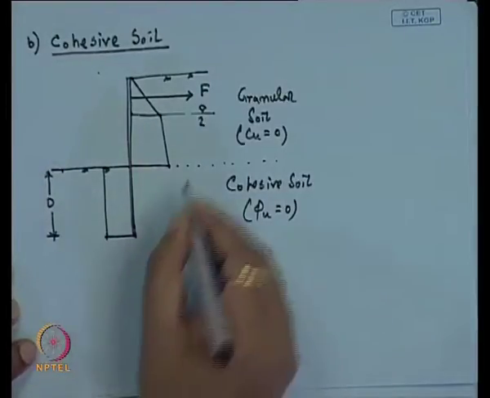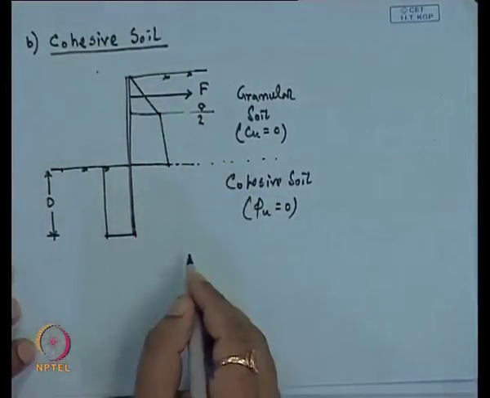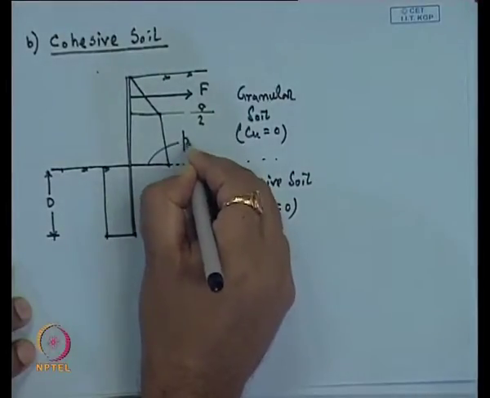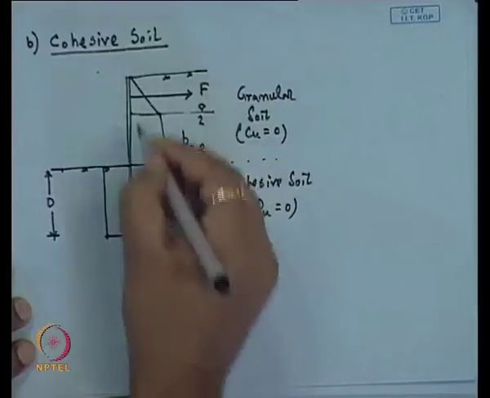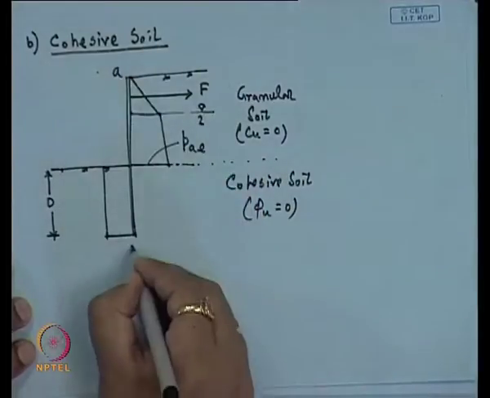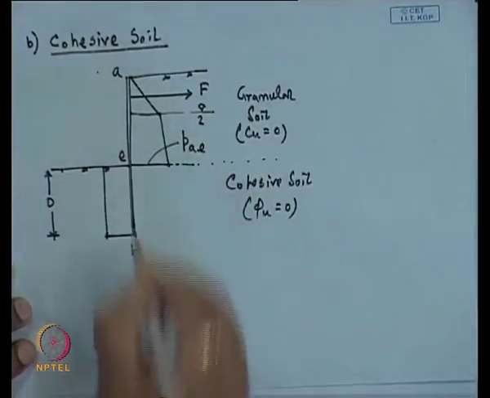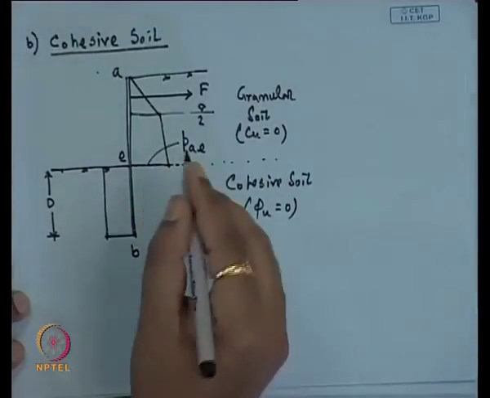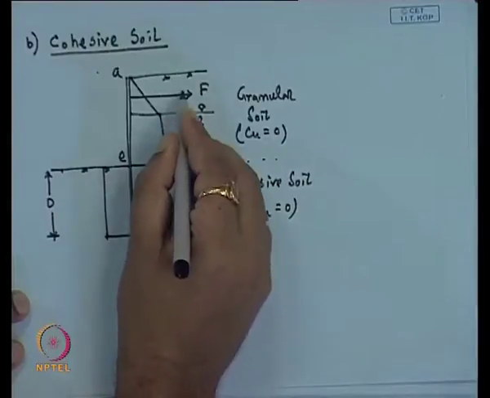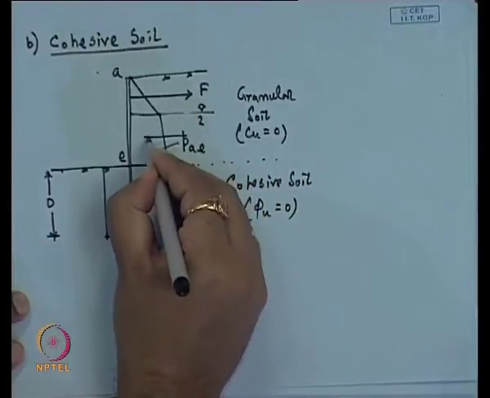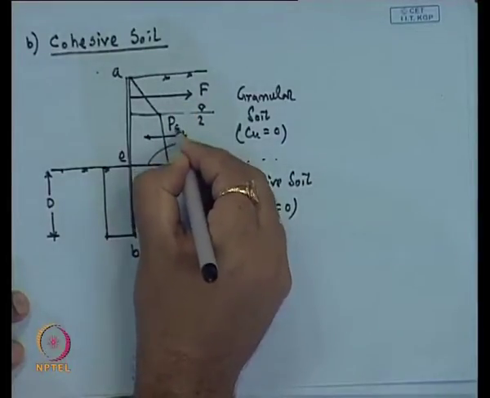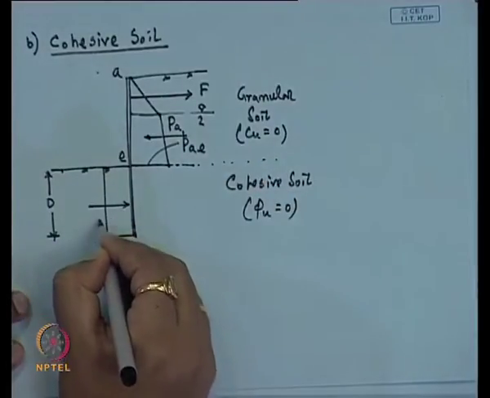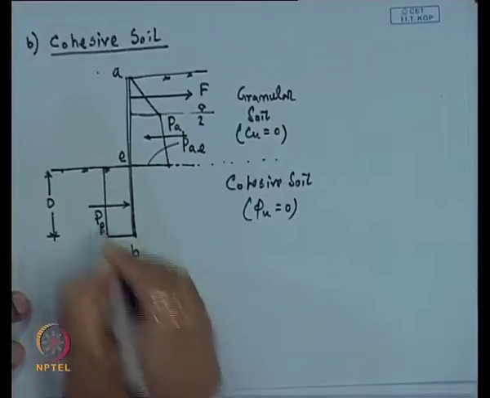So, how will we calculate these forces? This is also again the P active at E level. So, this is A, this is B, this is E, and here the forces that are acting are again this F, then this P active, and this P passive.